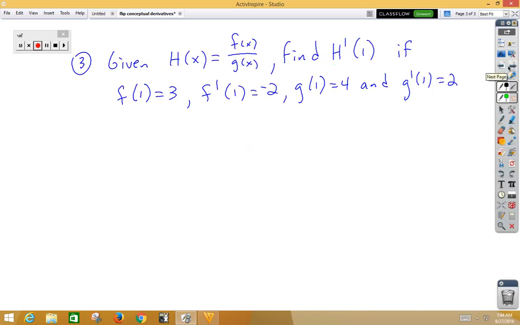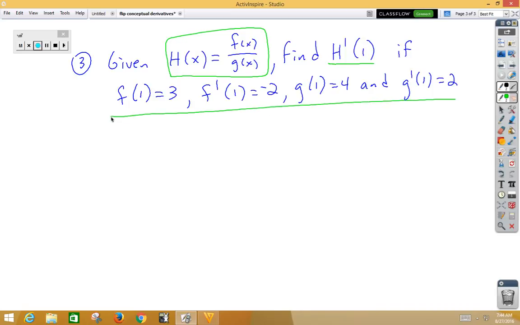In our third example, we notice that h of x is now defined as a quotient rule, one function divided by another function. We are looking for h prime of 1, and we are given several values to assist us. So the first thing we need to do is write out the quotient rule using the values given. Always square the bottom first, so we have g of x squared.